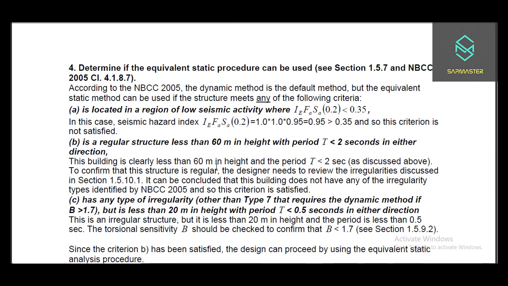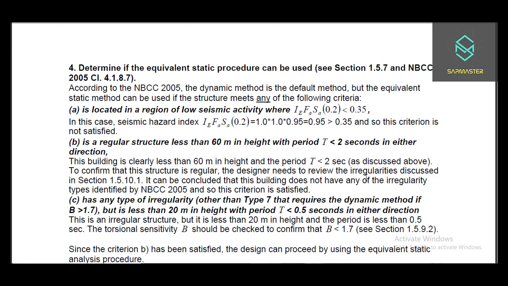And now all you need to do is to check and see if the equivalent static procedure can be used or not. Because if you cannot use it, you have to go with dynamic procedure. So according to the NBCC 2005, the dynamic method is the default method, but the equivalent static method can be used if the structure meets any of the following criteria.